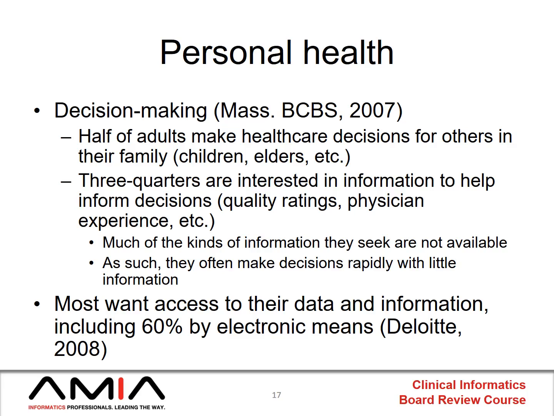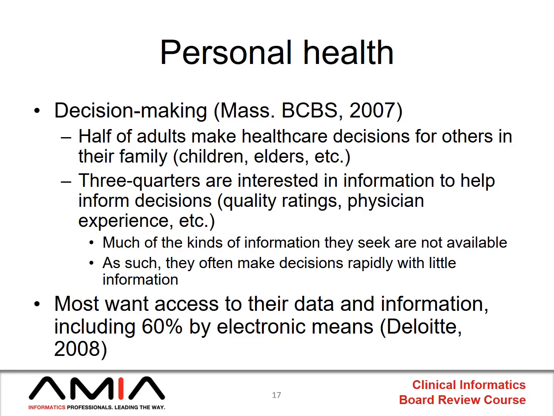Another domain is personal health, and of course, patients are increasingly involved in their own health and encouraged to engage in healthy behaviors that aim to prevent or reduce complications from disease.